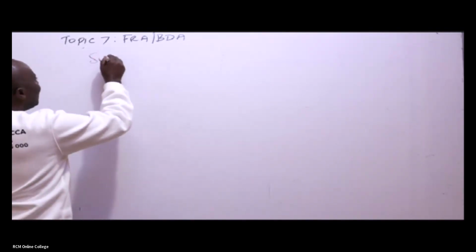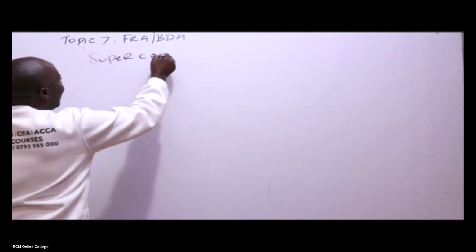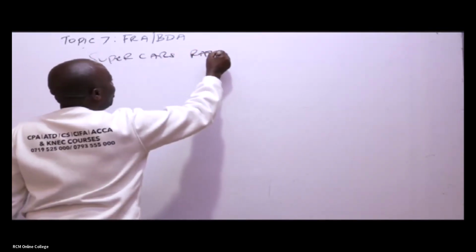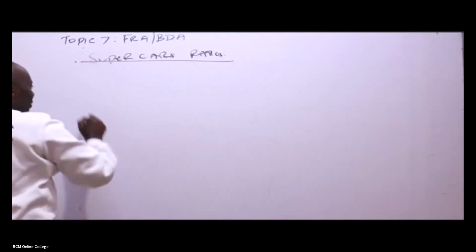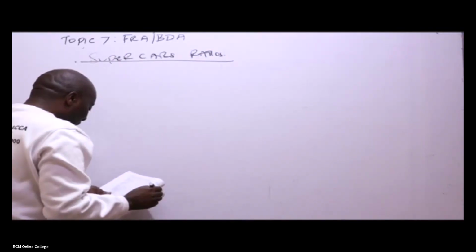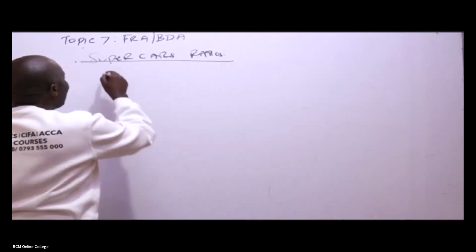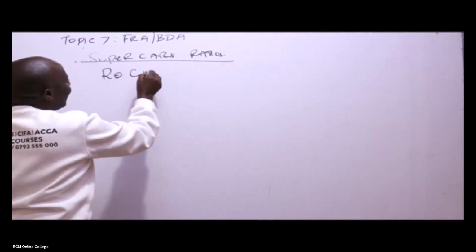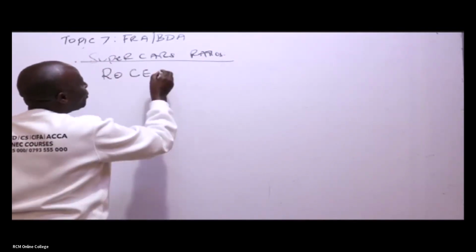So we have, ladies and gentlemen, in this case here, Supercars ratios. So we have here return on capital employed. It is simply ROCE. How do I get ROCE?